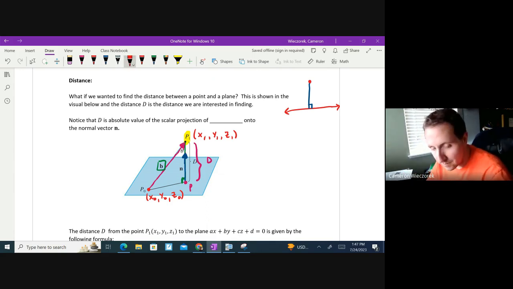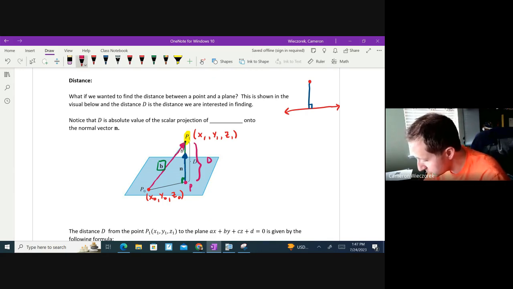Okay? So it helps if you actually have the vectors start from the same point. So I'm going to redraw this off to the side. Then it'll look more in line with what we discussed in section 12.3 when we talked about projections.